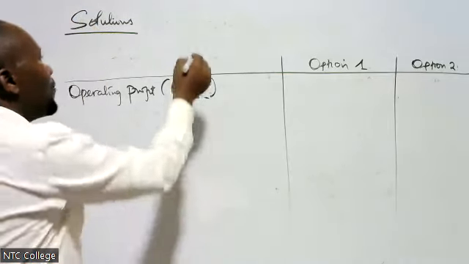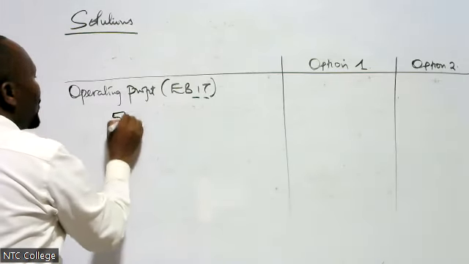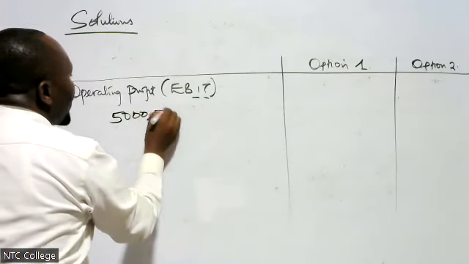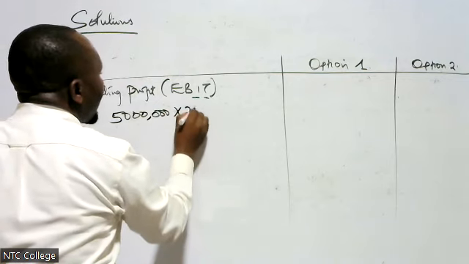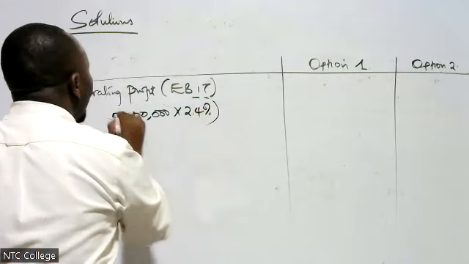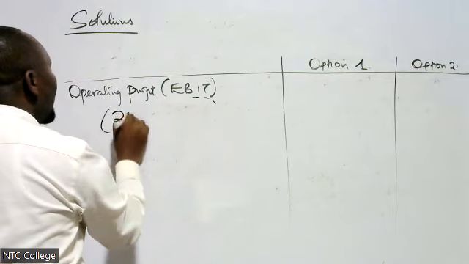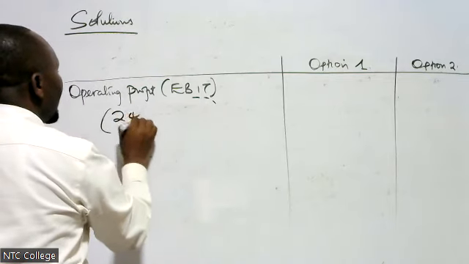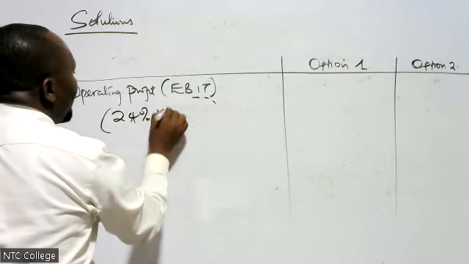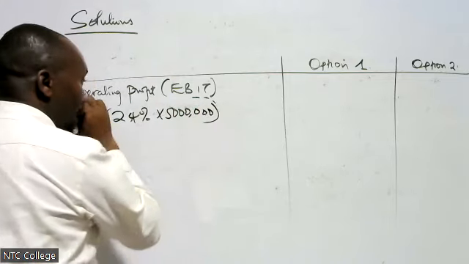We say that if you invest 5 million and you expect the return to be 24%, then 24% of 5 million, what is our expected earning or return?